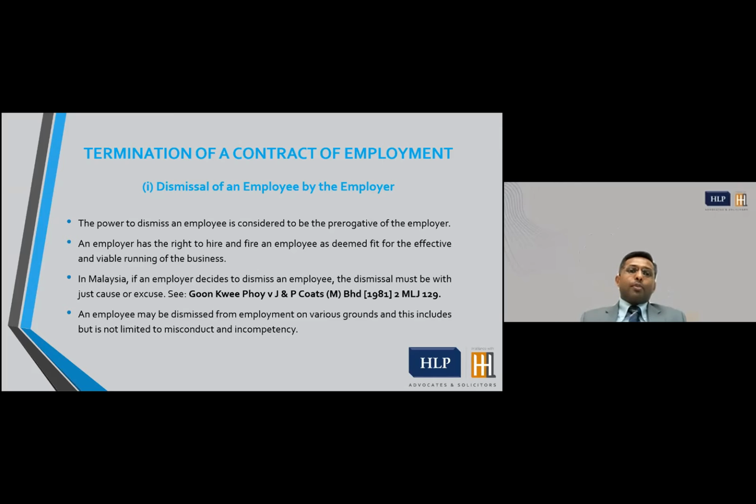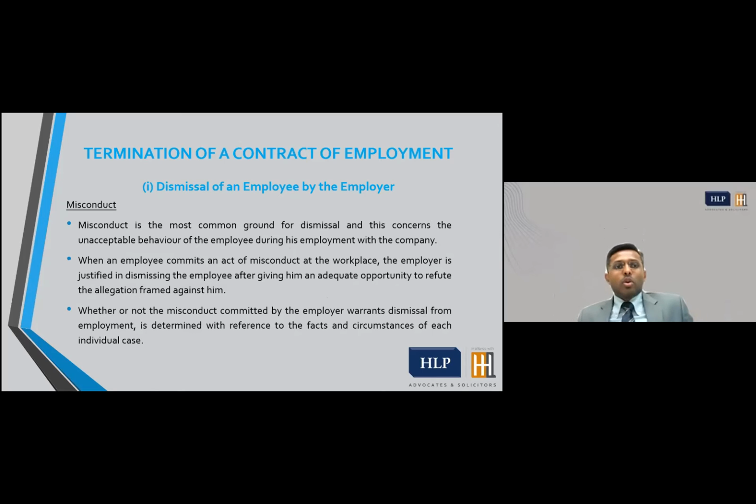And of course, an employee may be dismissed from employment on various grounds. And this includes, but is not limited to, a situation where the employee commits acts of misconduct or the employee is a non-performing employee. He or she fails to perform a job scope. But there are, of course, various other grounds on which an employee may be dismissed.